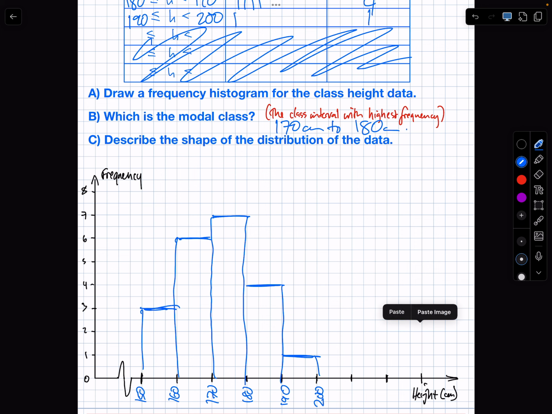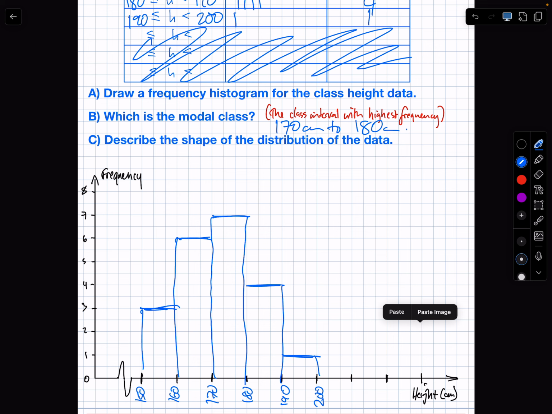What's the shape of that distribution? Is it symmetrical? Is there a peak on the left side or is the peak on the right side? It's a bit iffy actually. Where do you reckon there's more data? On the left side or on the right side? Where's there a bigger chunk of the data?